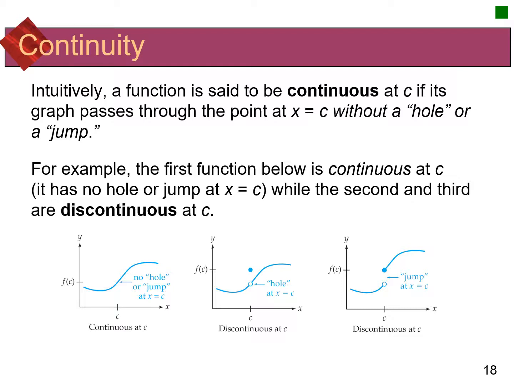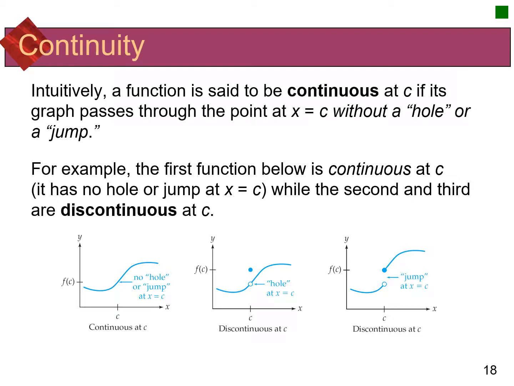So a function is said to be continuous if its graph passes through the point at x equals c without a hole or a jump. Or basically, without any kind of domain restriction or any kind of break between one graph and the other. So they kind of show you what that is down there.